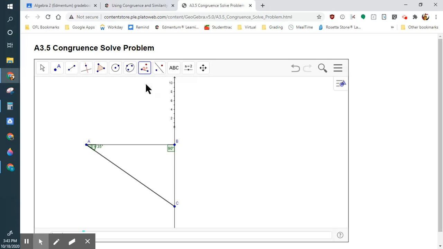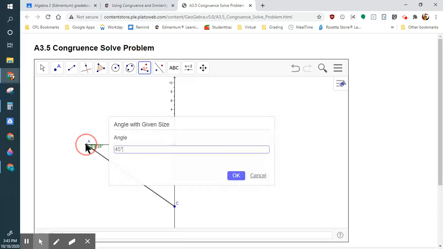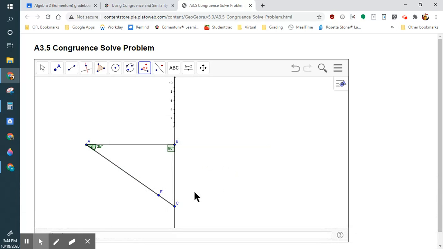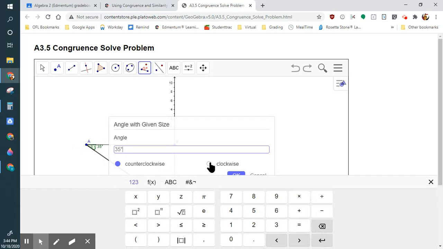So we're going to do this as our side, and we want our angle to be 35 degrees, not 45, 35 degrees, but we want it counterclockwise. I said it so many times and I didn't do it. So B to A, we want it counterclockwise, the opposite way.